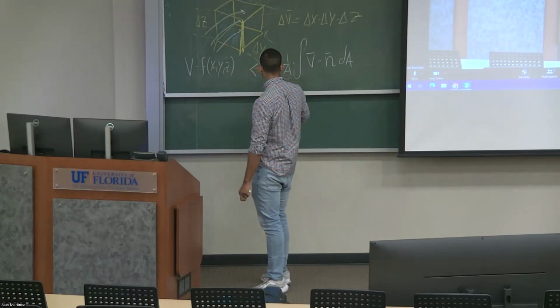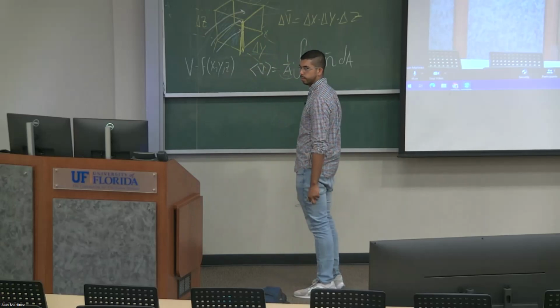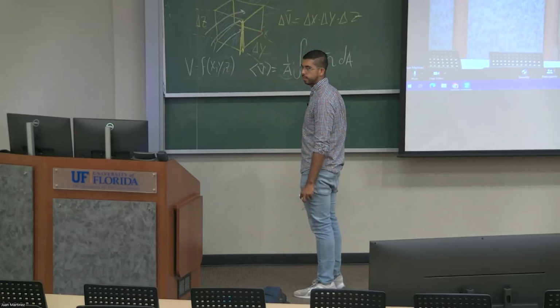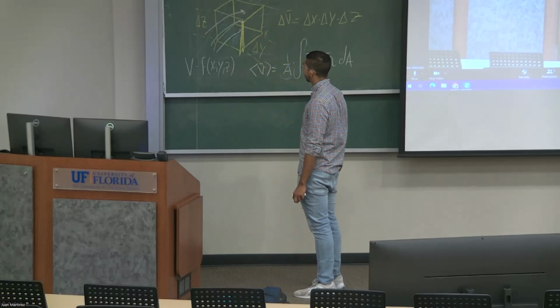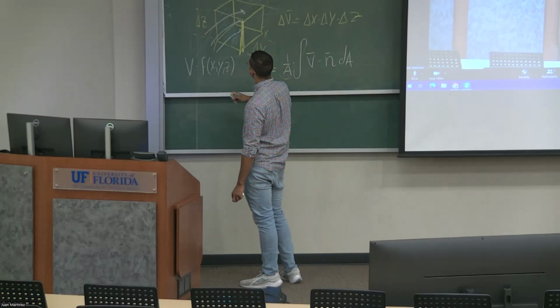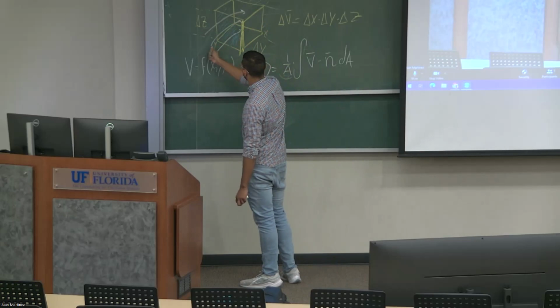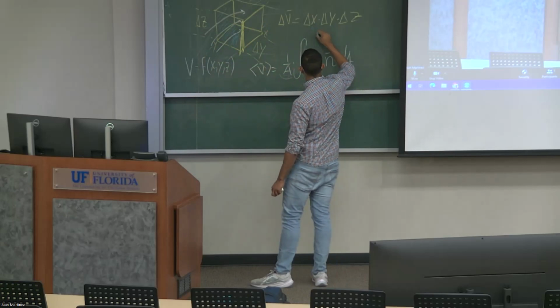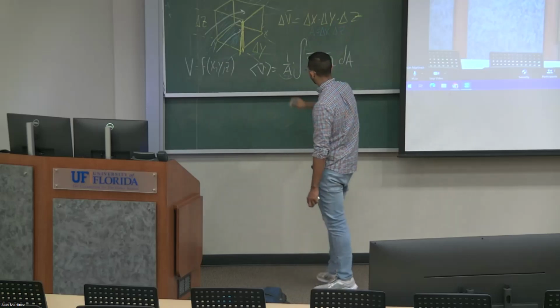We're looking for the area of that plane. So delta x is going in this direction. So you know that A in this case is delta x times delta t.